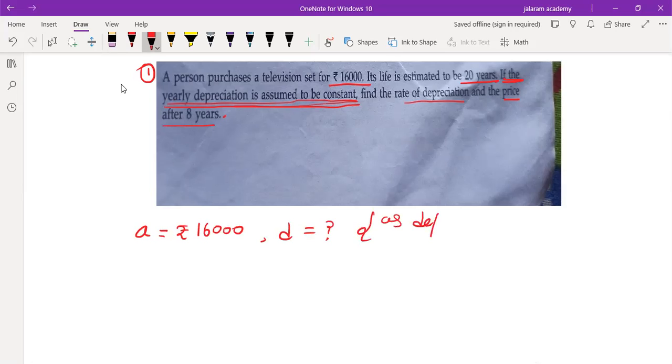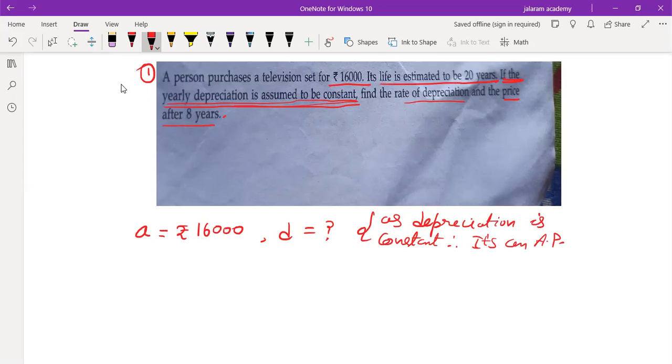As depreciation is constant, hence it's an AP. And we have to find the common difference.